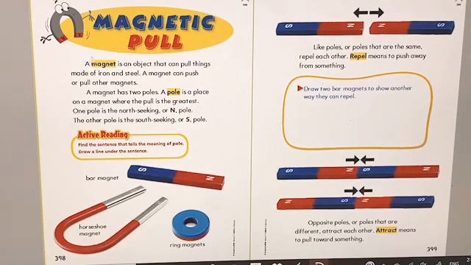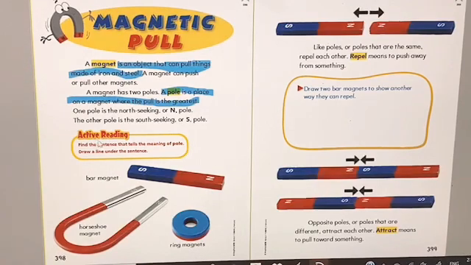We learned that a magnet is an object that can pull things made of iron or steel. So let's highlight the definition of our first lesson vocabulary. Second one is a pole. And a pole is a place on a magnet where the pull is the greatest.